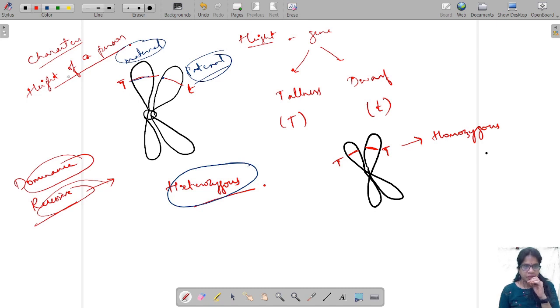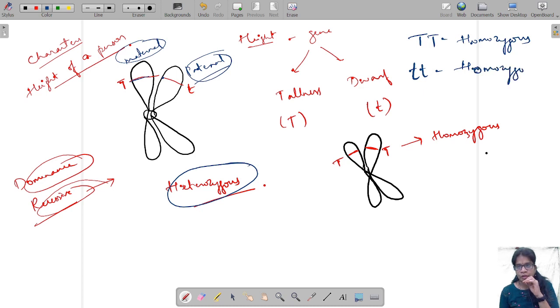For example, this is your homozygous. This is also homozygous because you have two copies, right? But this is your heterozygous.